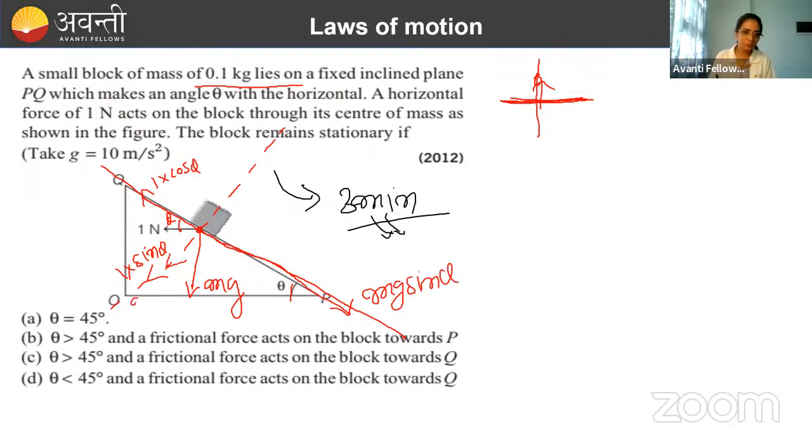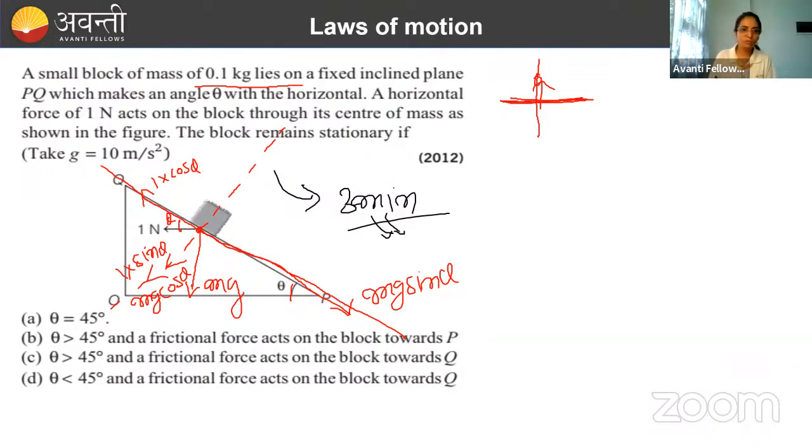And mg along this will be mg cos theta. So perpendicularly downward to the plane, the force acting is mg cos theta plus sin theta. And along the plane, in which it has a tendency to move, the force in the downward direction is mg sin theta, and in the upward direction it is 1 into cos theta.